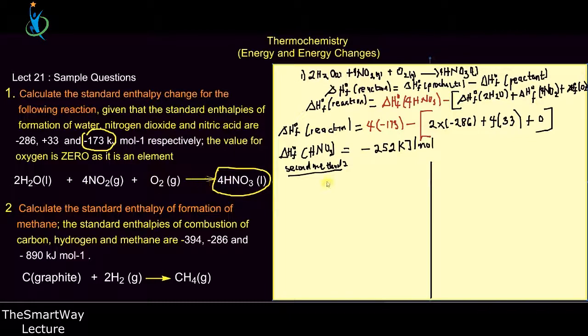Now we can write the individual energies that led to the formation of each of the reactants. We can write the individual reactions, based on the energy that led to the formation of each of the reactants and each of the products, and then we do the additions and subtractions using what's called Hess's Law. Remember, Hess's Law says that, provided the initial state and the final state are the same, the total enthalpy change for a particular reaction is the sum of all the enthalpy changes for the stepwise reactions.